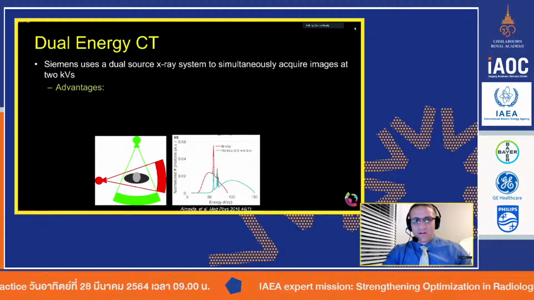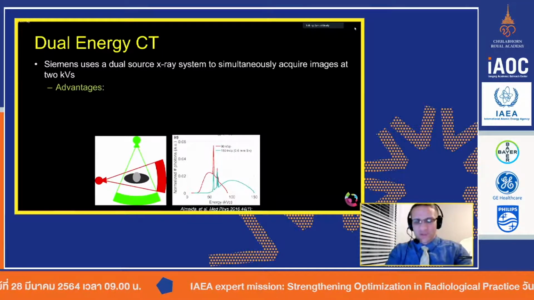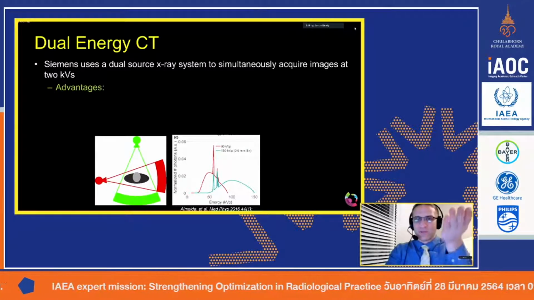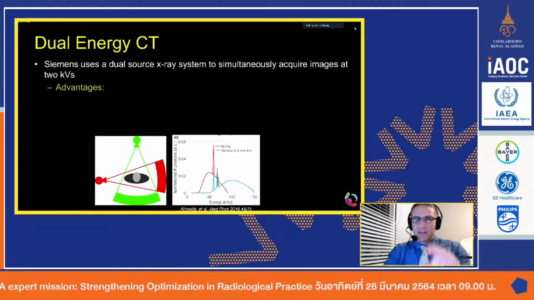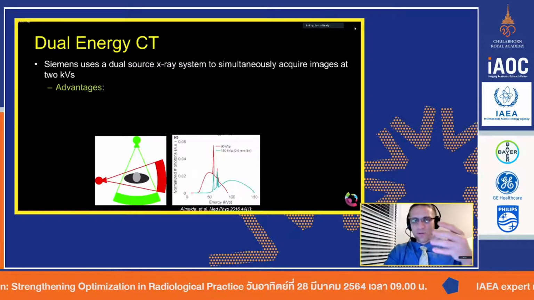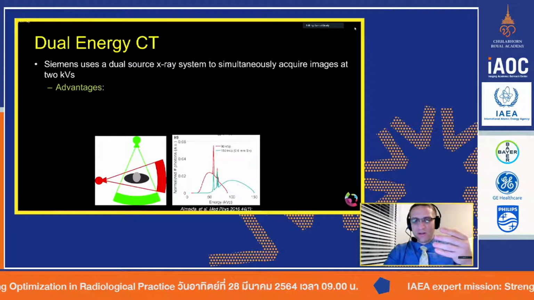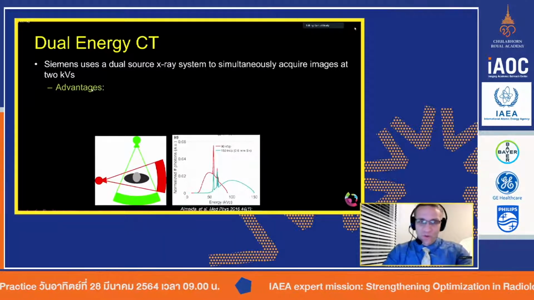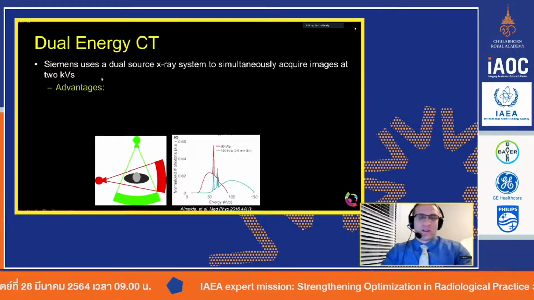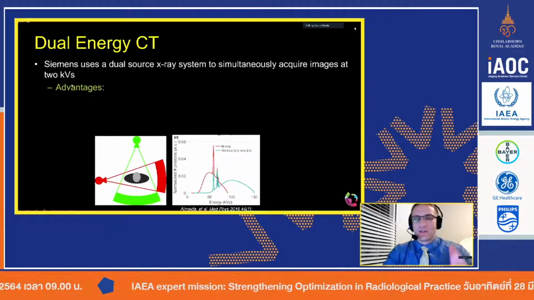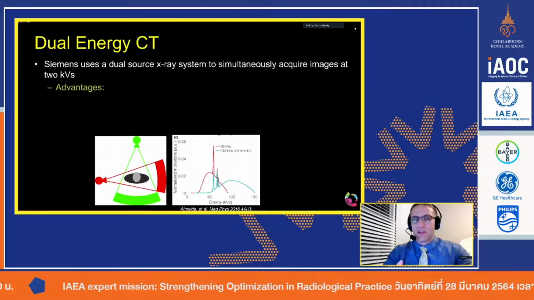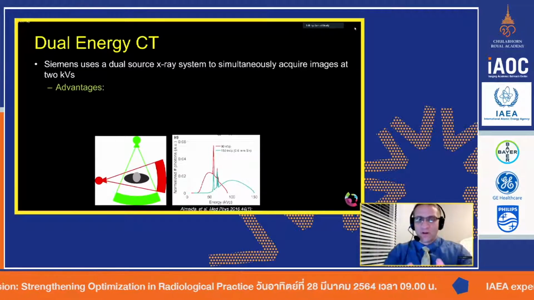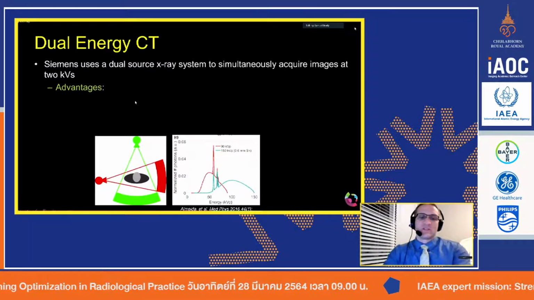Every vendor approaches dual energy differently, so you have to understand the pros and cons of how they do it, because there are four fundamental things we need to take into account, and each of them does it differently. So we're going to go through all of the major vendors' CT scanners and talk about the advantages and disadvantages of how they create a dual energy CT scan. And then we're going to talk about how to optimize the image.